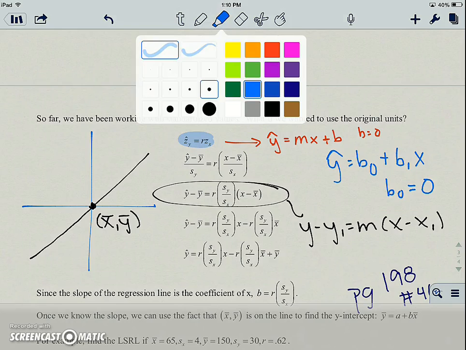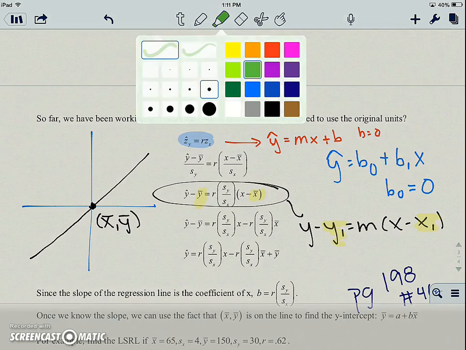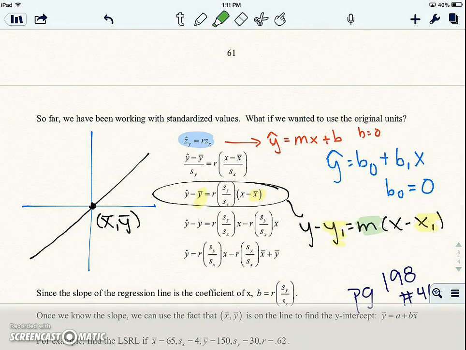Since the only point that the line of best fit has to go through is x bar, y bar, that's right there. We've also learned that the slope of the line of best fit is r times the standard deviation of y over the standard deviation of x. This last little bit is just showing you how you could solve for it.